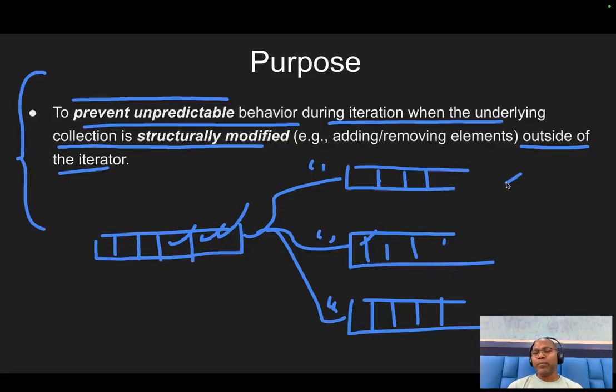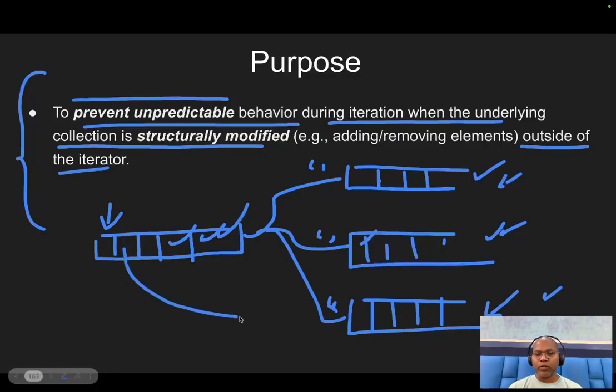So the objective is that the iterator is designed such that if your original structure changes, it throws an exception. While iterating, you get the exception whenever you check whether there is a next element and get the element.